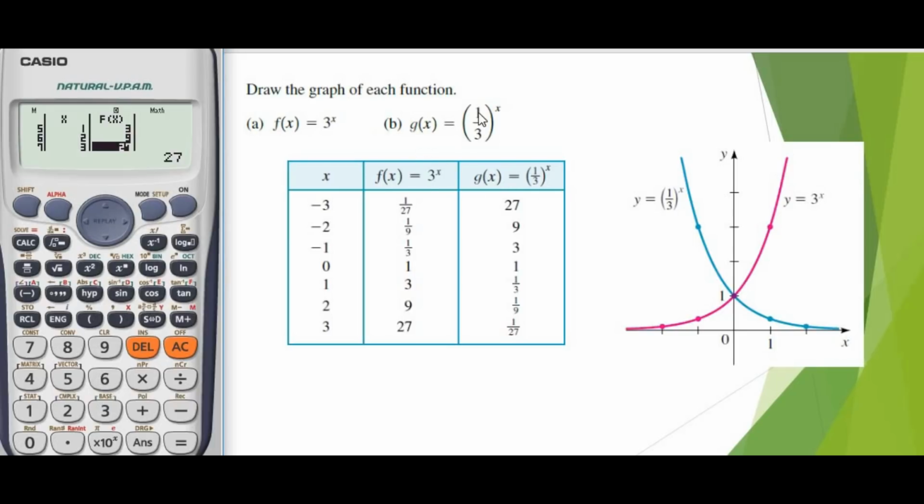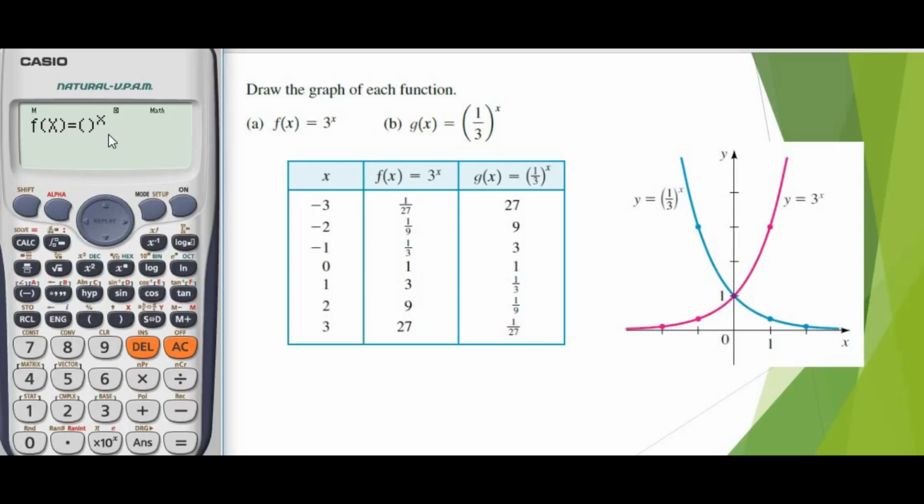Now for g of x equals 1/3 to the power of x. So we'll press AC, and we might as well delete the value 3, and it would be a lot better if we use the parentheses.